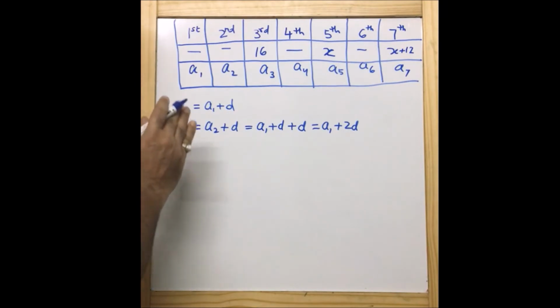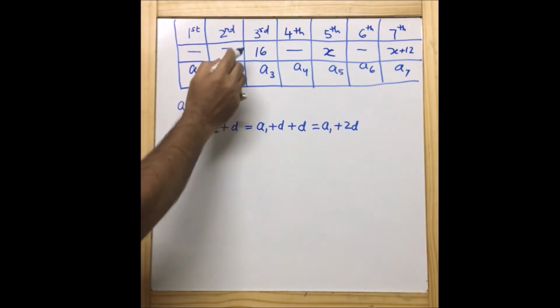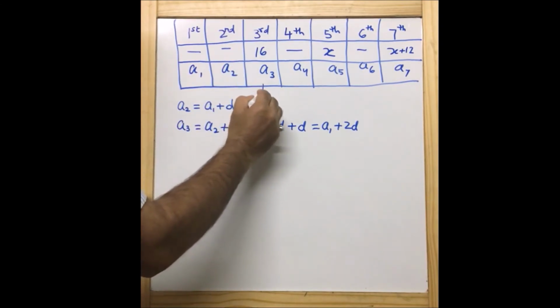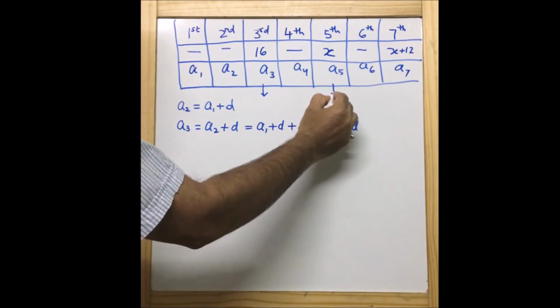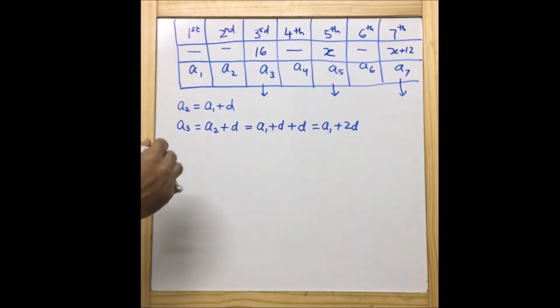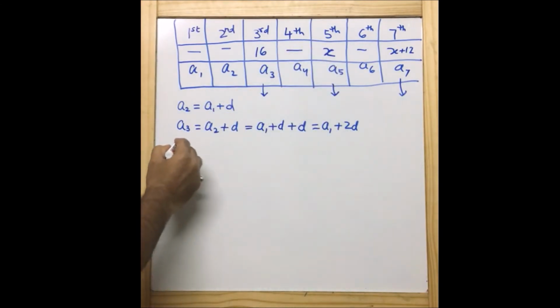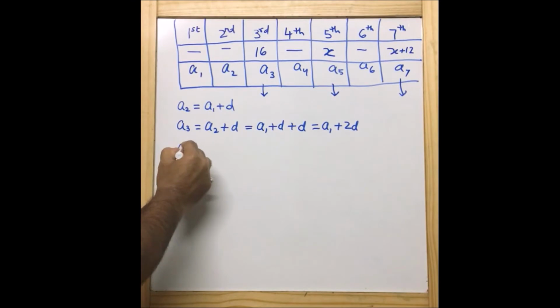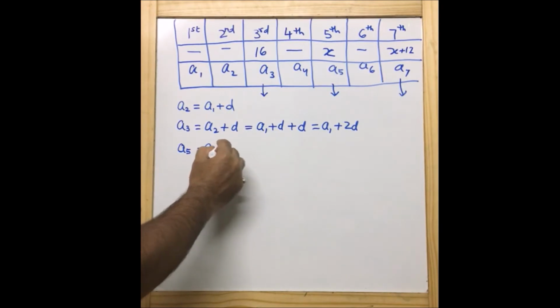So whatever we have, let us first put it down. Here in one place we have all the data, and in some places we have only part of the data. Now what will I write for A5? Putting the same logic, A5 is equal to A1 plus 4D.